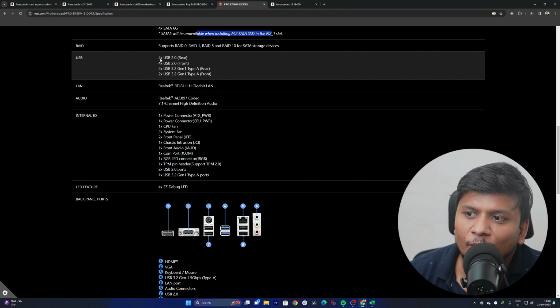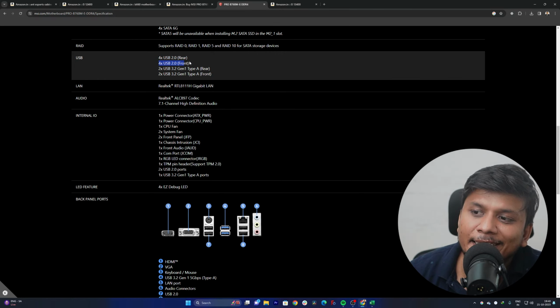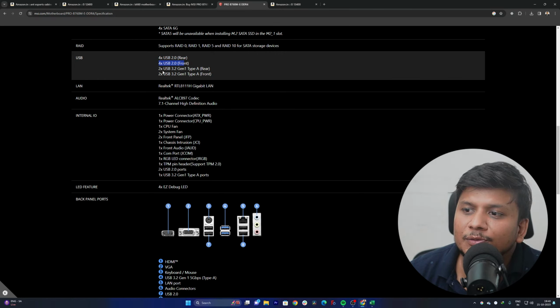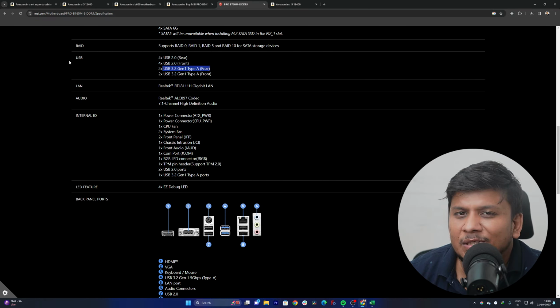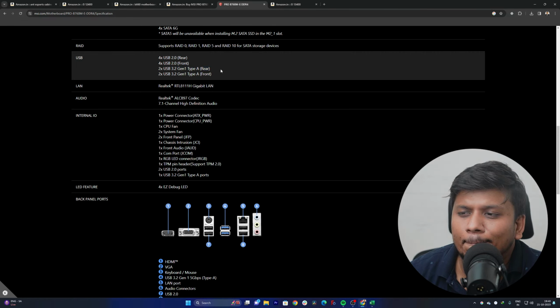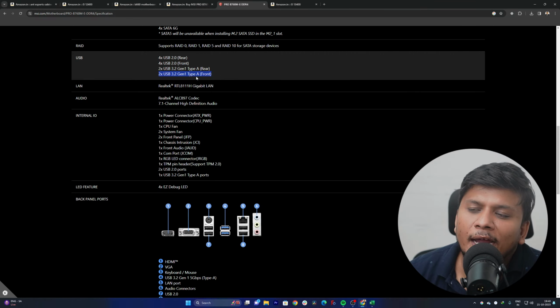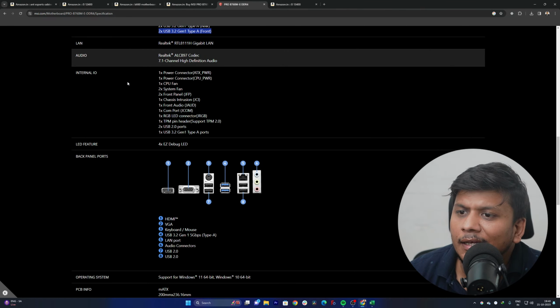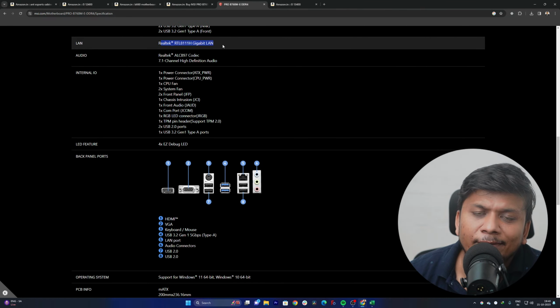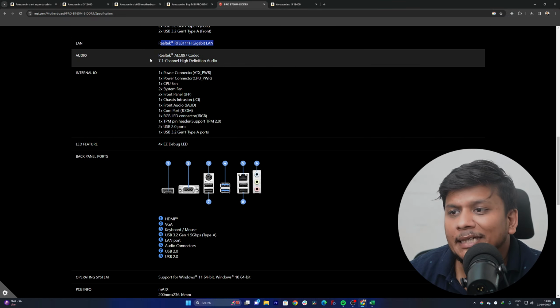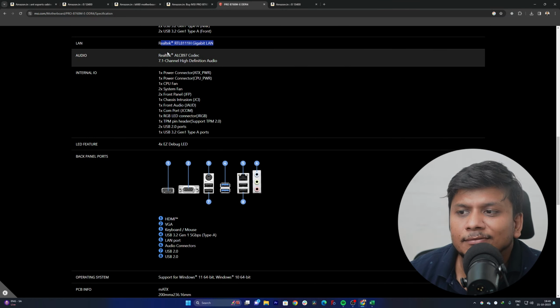Then it has got 4 USB 2 in rear and front, 2 USB 3.2 Gen 1, which has a speed of 10 Gbps, I guess. Then 2 at front. If we talk about LAN, then it has got one Realtek gigabit LAN, which I would say is typical.